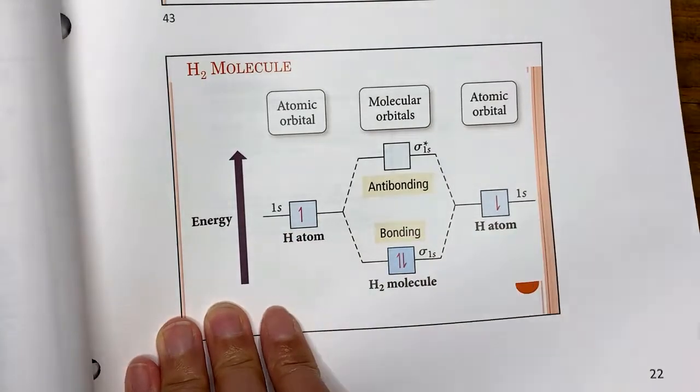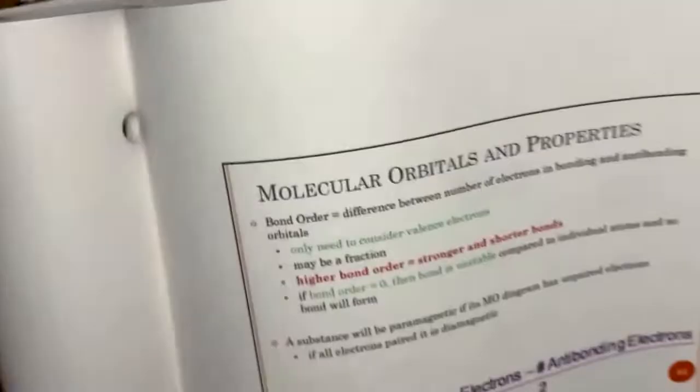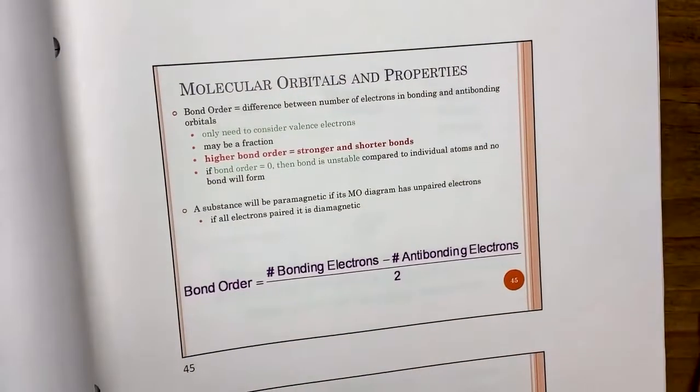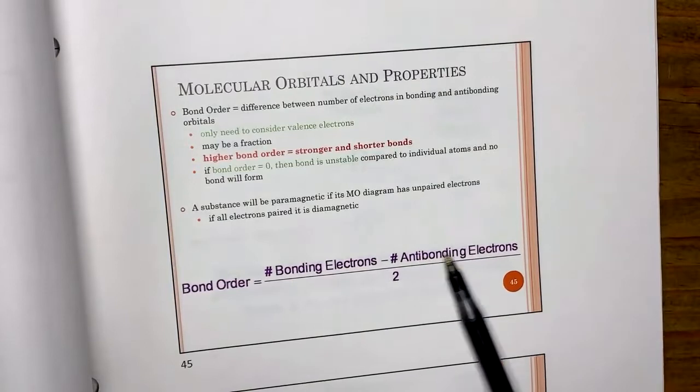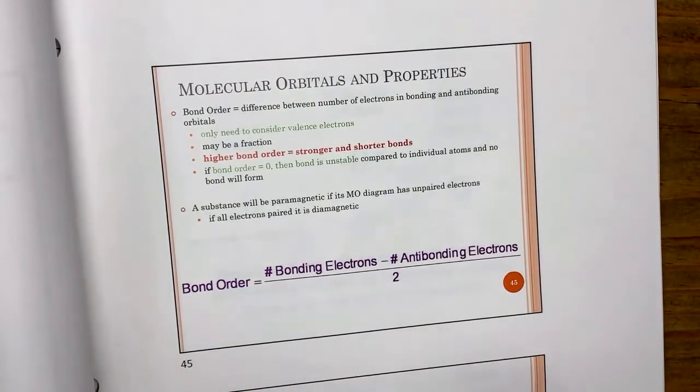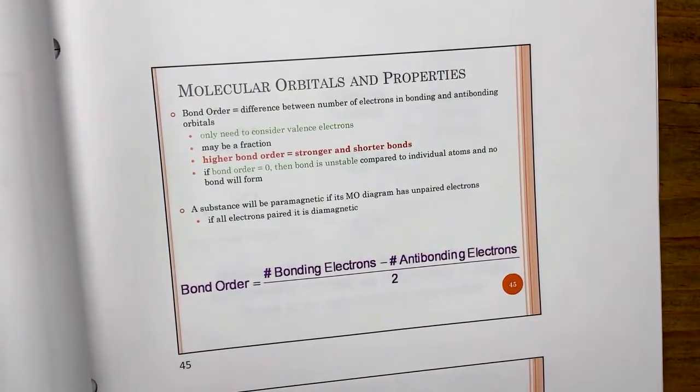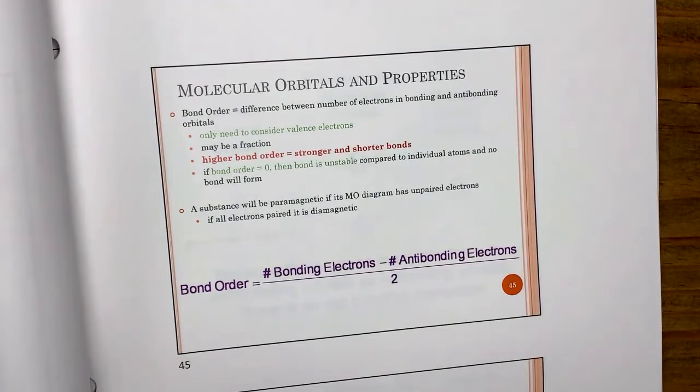Okay, there's something called bond order that we can calculate based on it. The formula is bonding electrons minus antibonding electrons divided by 2. After you draw them in a molecular orbital diagram, you fill them in from the bottom to the top, and you count the ones in bonding, and you subtract the ones in antibonding. We can get bond order that way.